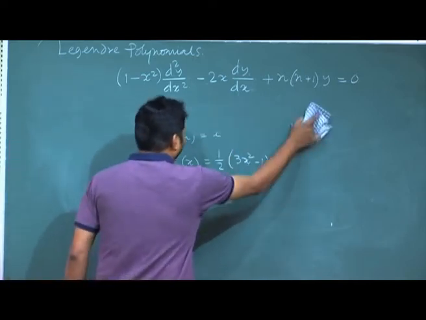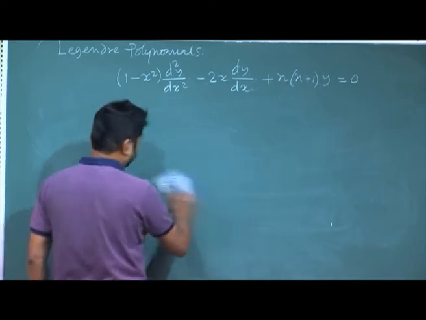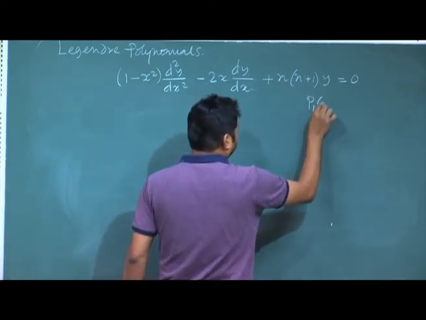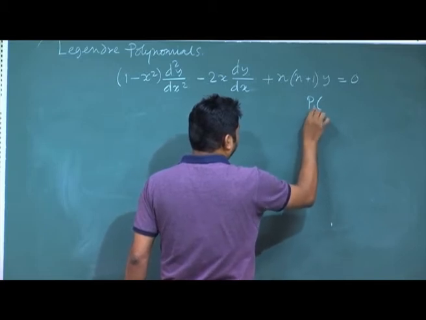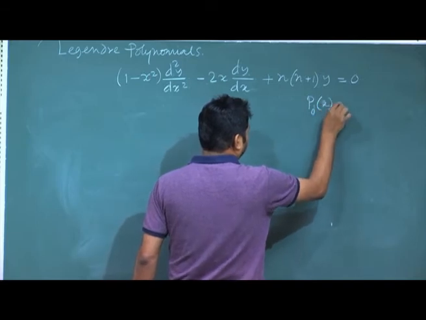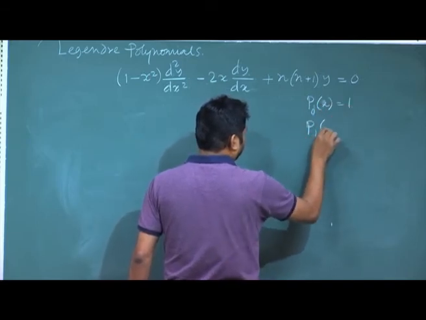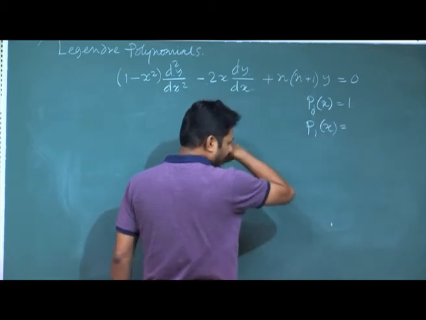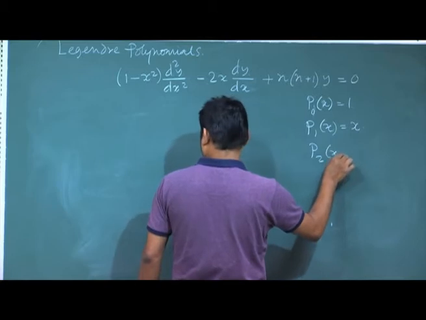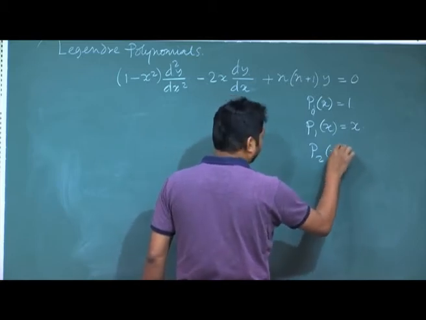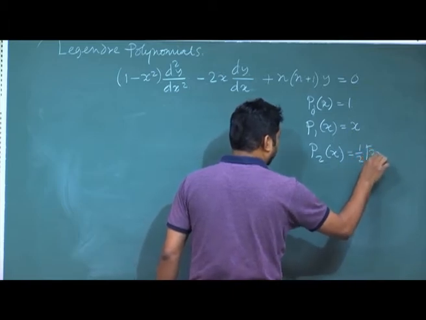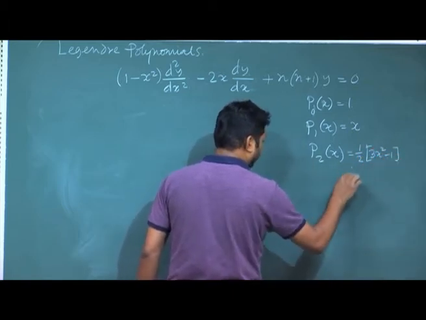So, let me write somewhere here on the right hand side a few of the polynomials. Say p0(x) is 1, p1(x) is x, p2(x) is half of 3x square minus 1 and so on.